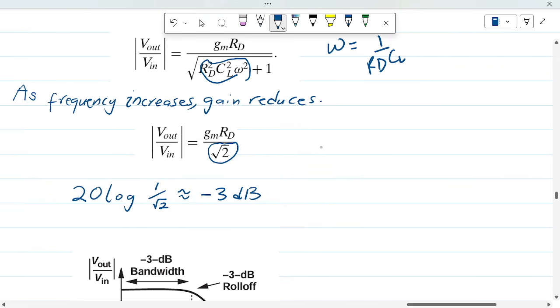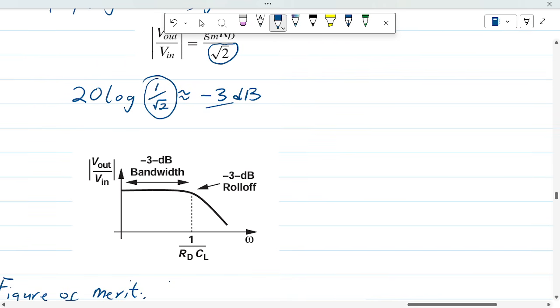20 log 1 over root 2 gives us negative 3 decibels. That tells us that we have our gain of the circuit reducing by 3 decibels once we reach a frequency of 1 over RD CL.